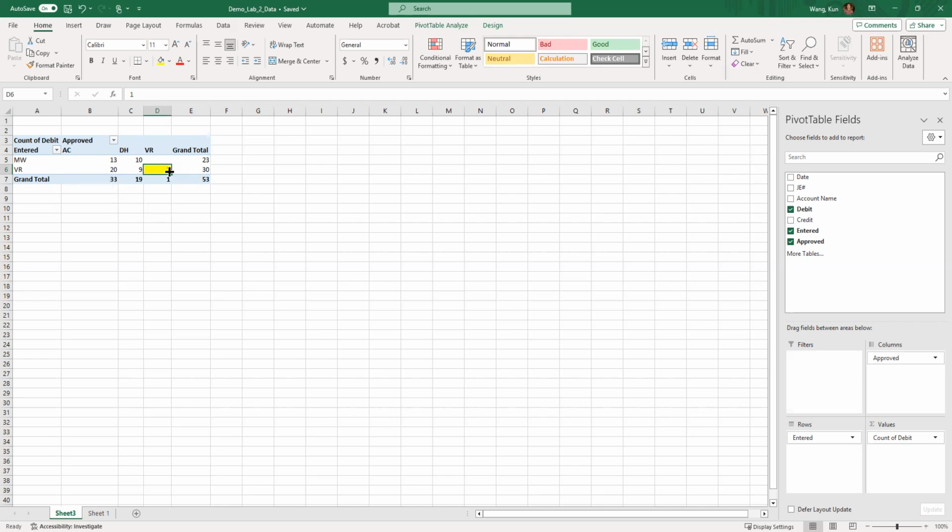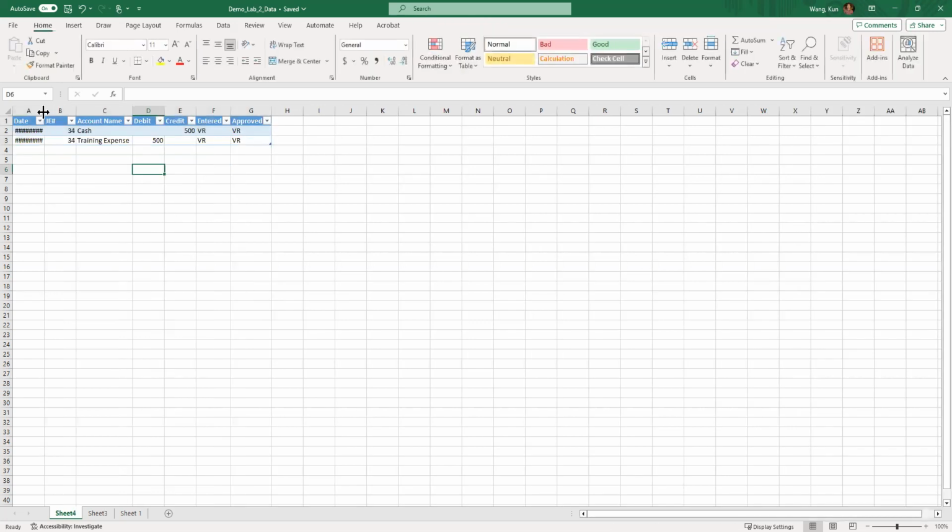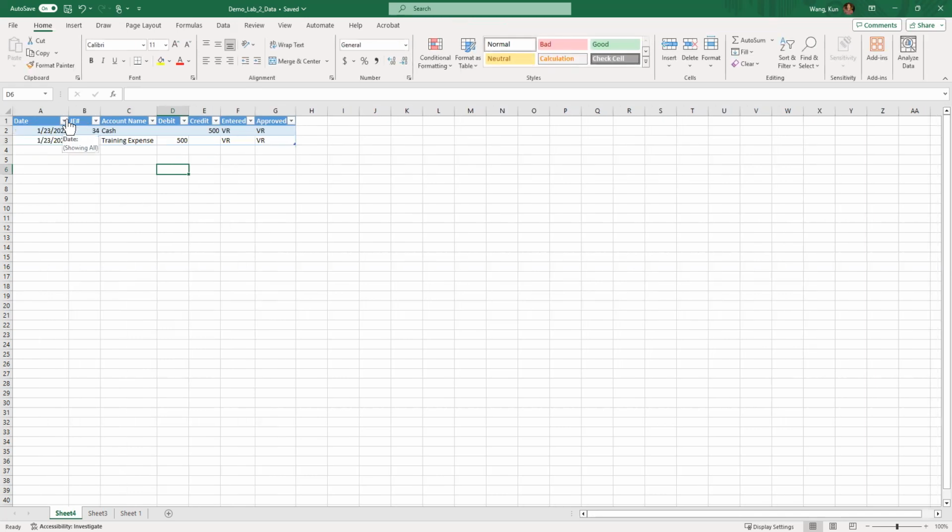You can further drill down; in the book, they have different questions you can explore. For example, I can double click the number one, so I can see the details of that one transaction. That's January 23rd, and VR entered a training expense for $500 and made a payment with cash. So it was entered and approved by the same person.